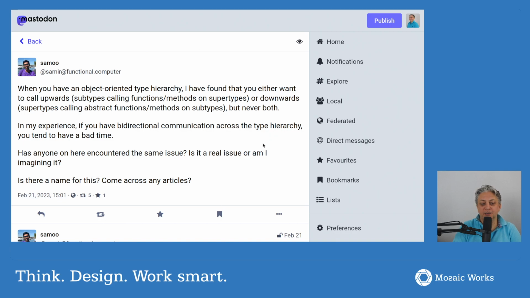In my experience, if you have bidirectional communication across the type hierarchy, you tend to have a bad time. Has anyone on here encountered the same issue? Is it a real issue or am I imagining it? Is there a name for it? Come across any articles?